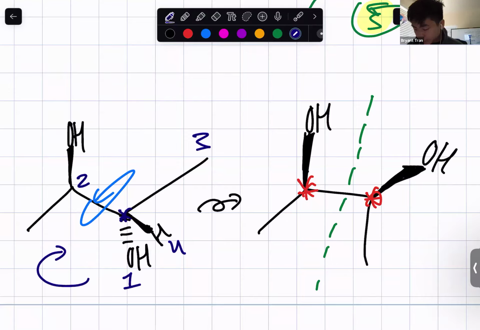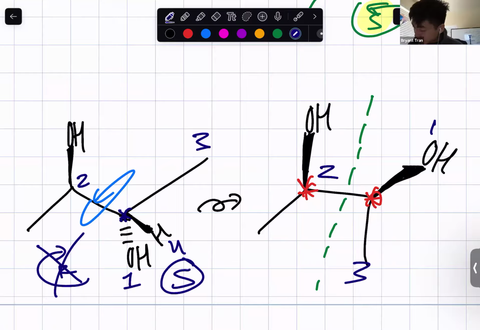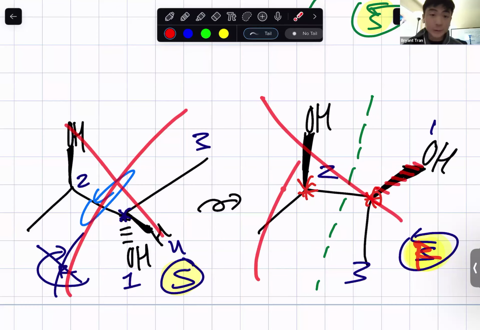Oh wait, clockwise, right? So it will not be R, it will be S. Yes. And we have to make sure that it stays S here. 1, 2, 3. This is counterclockwise, and it stays S like that, right? If we made this a dash, this would no longer be S, this would be R, and these would no longer be the same identical structures, right? They would be diastereomers of each other.